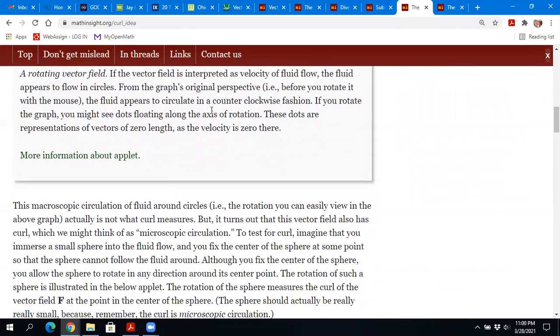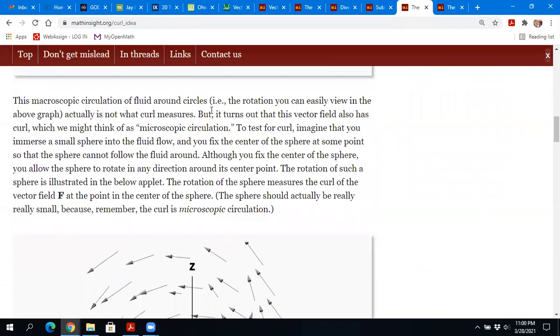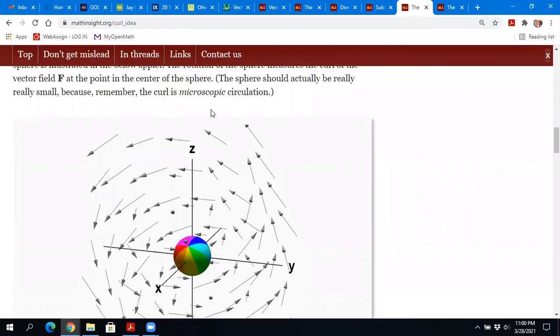So we're not really interested in the macroscopic circulation of fluid around circles, okay? That's not what the curl is intended to measure. We really want to measure what's happening at a point.